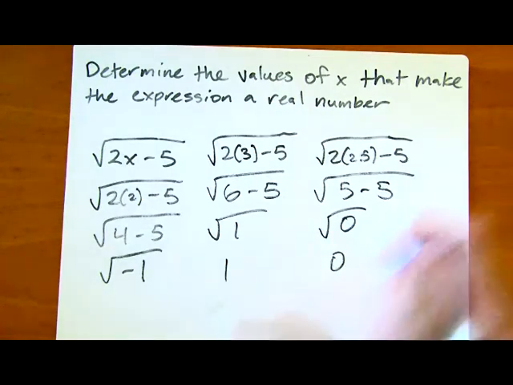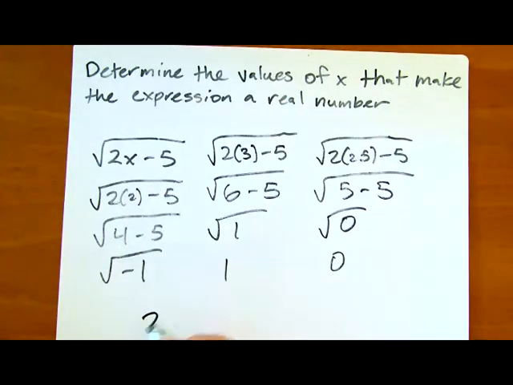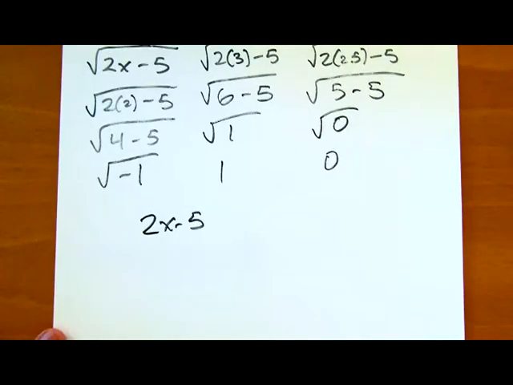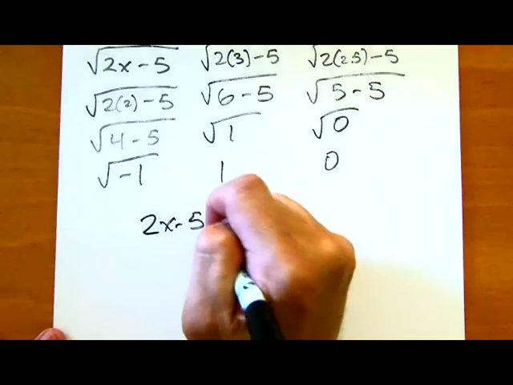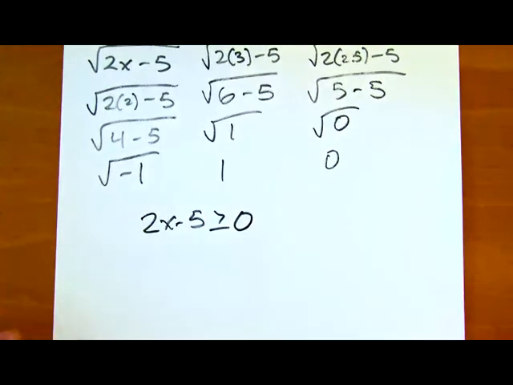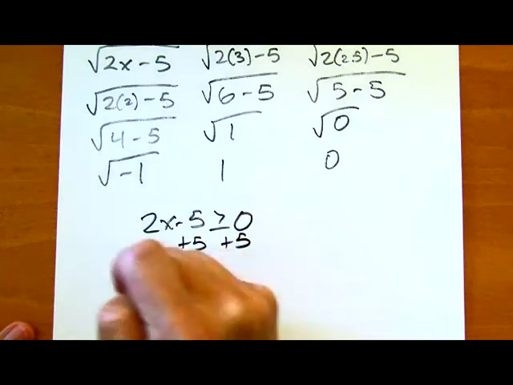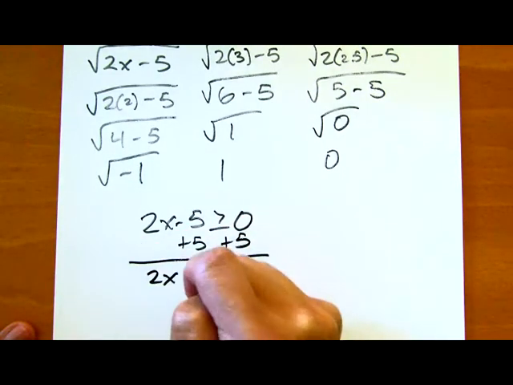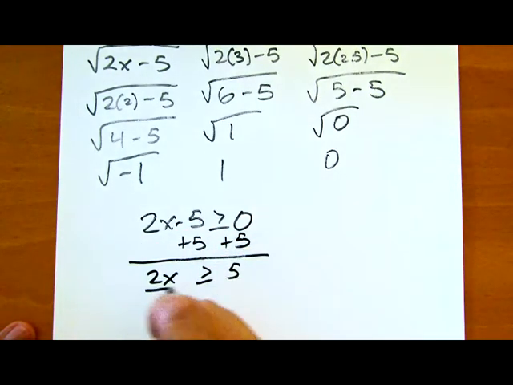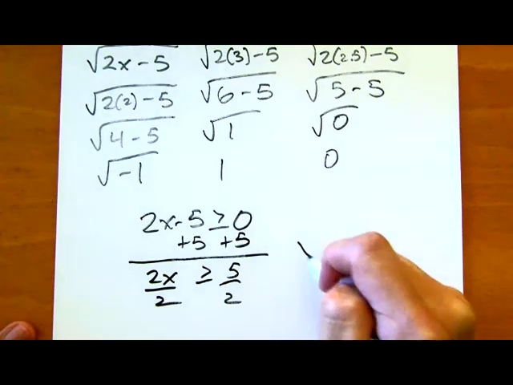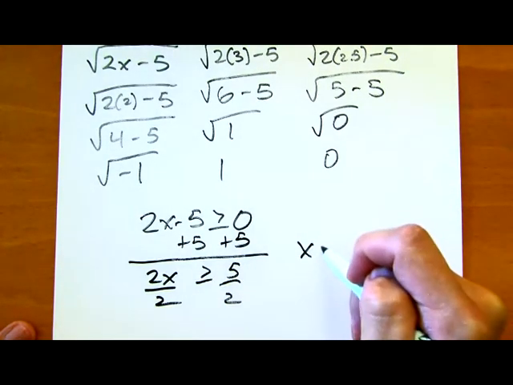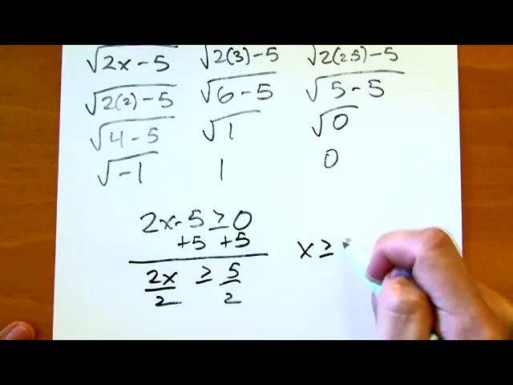So really, if we start with 2x minus 5, as long as it's not negative, it has to be greater than or equal to 0. And then we solve for x. x has to be greater than or equal to 5 halves.